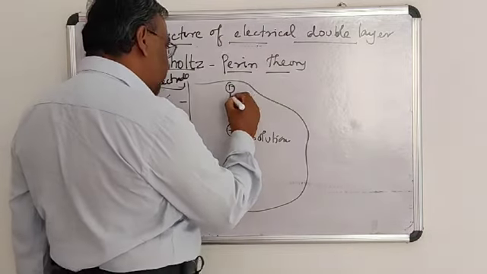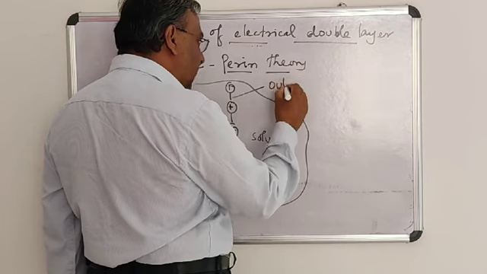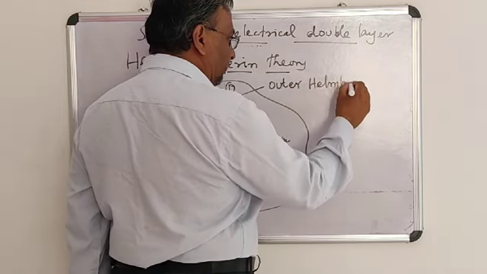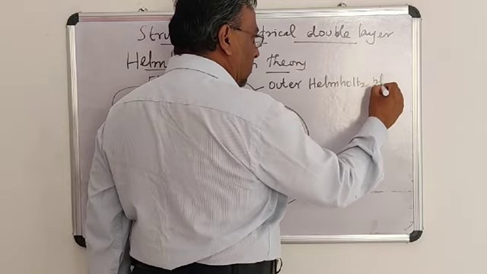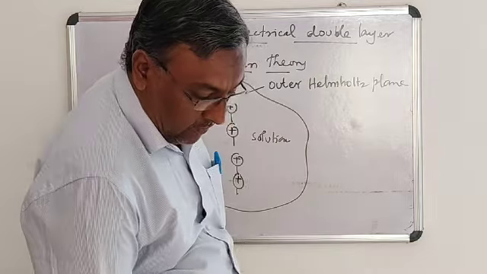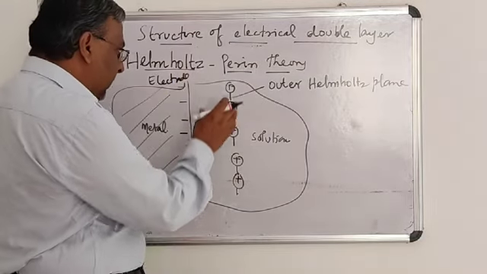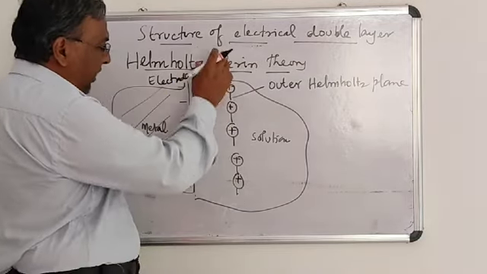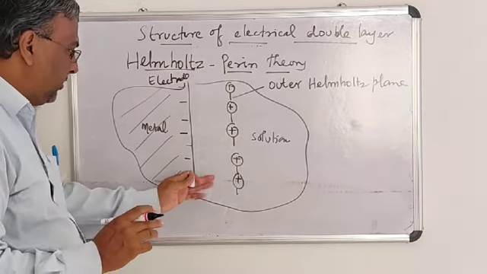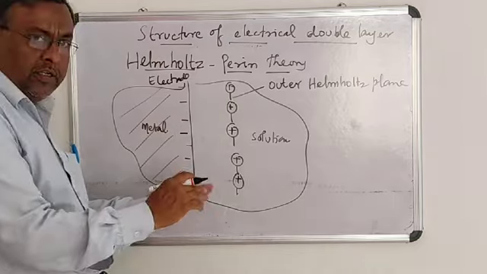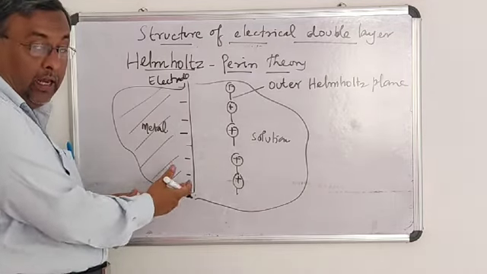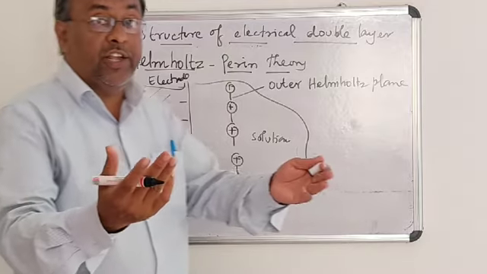Here this forms the outer Helmholtz plane, and the charge density over the solution is exactly the same in magnitude as the charge density over the metal, but opposite in sign.